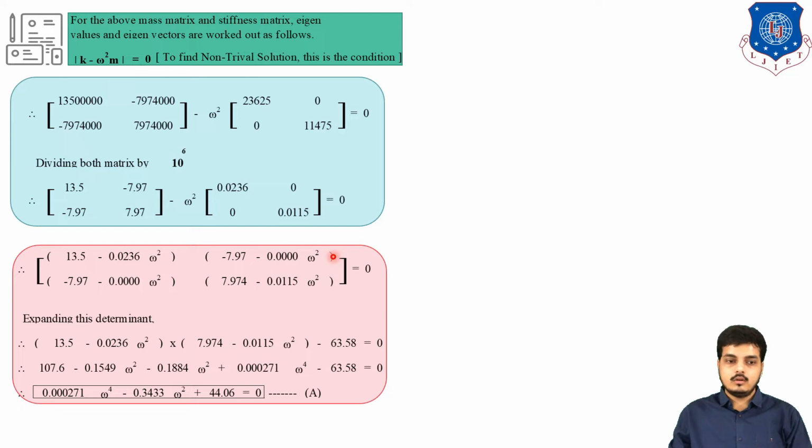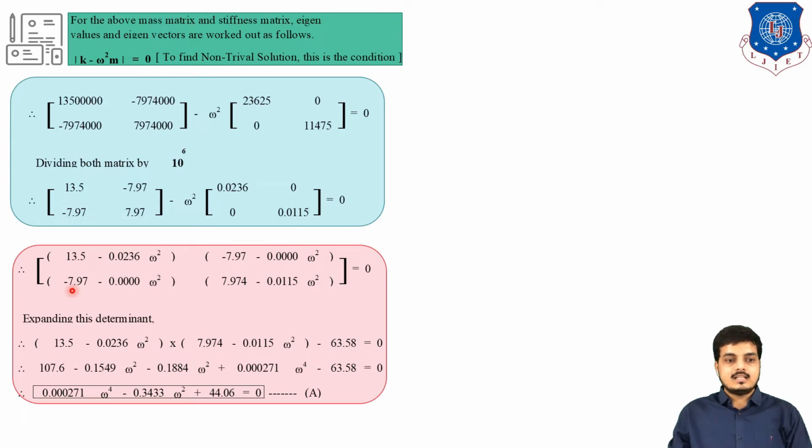So this term will be 0. Similarly over here, and at last 7.97 minus omega square into 0.115. After finding this, we will solve it. Expanding this determinant, this multiplied by this minus this multiplied by this. I have directly written this term over here, and similarly over here. Now these two terms are 0.